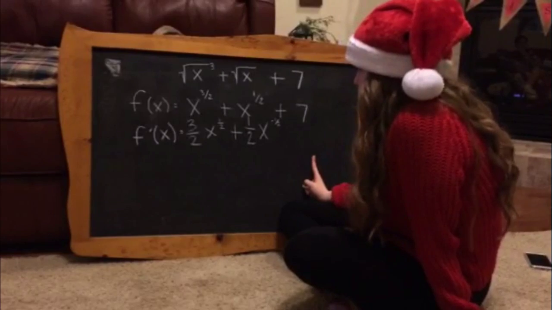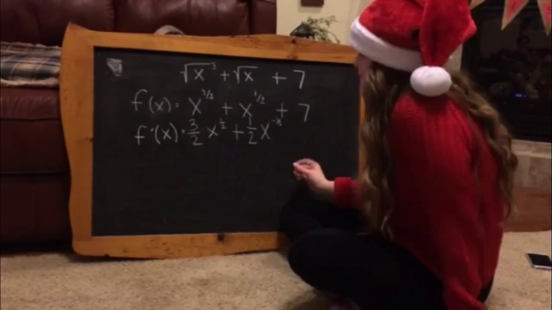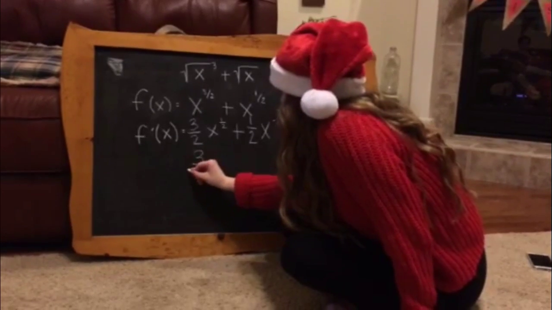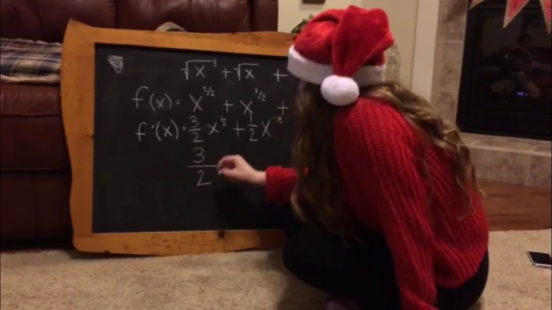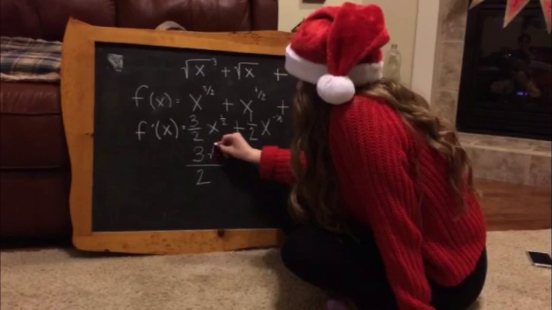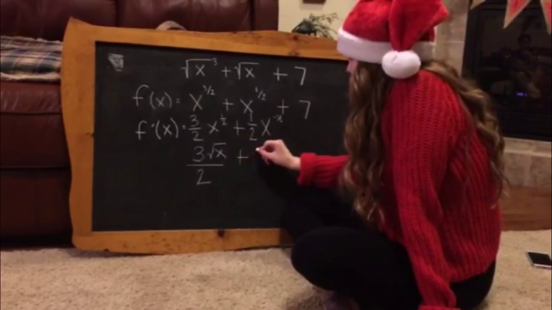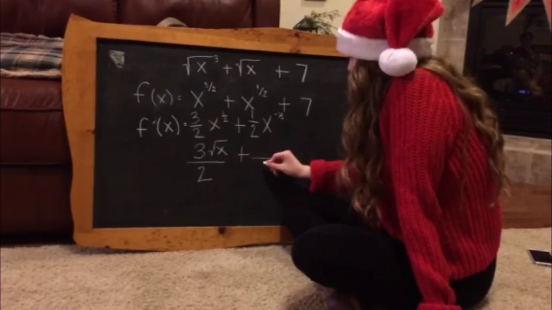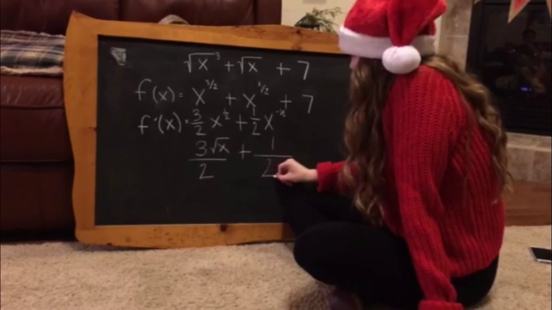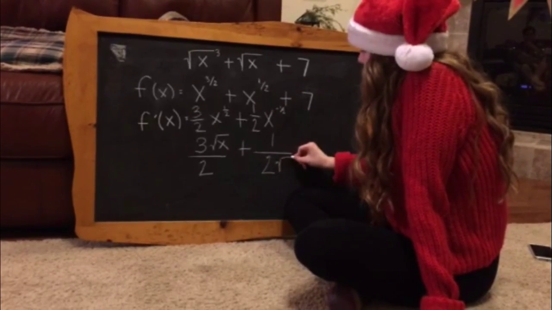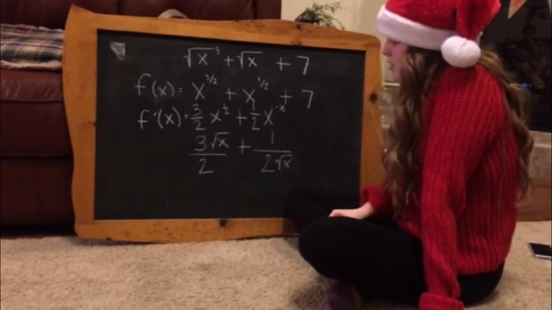And then you could simplify this a little bit more. So up here we have 3 over 2 and the square root of x. And then right here, this would be negative, so you'd bring it down, so it'd be square root of x.